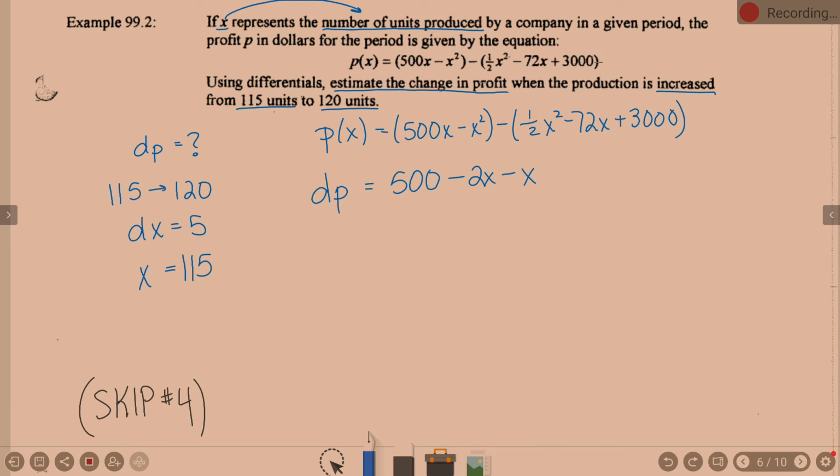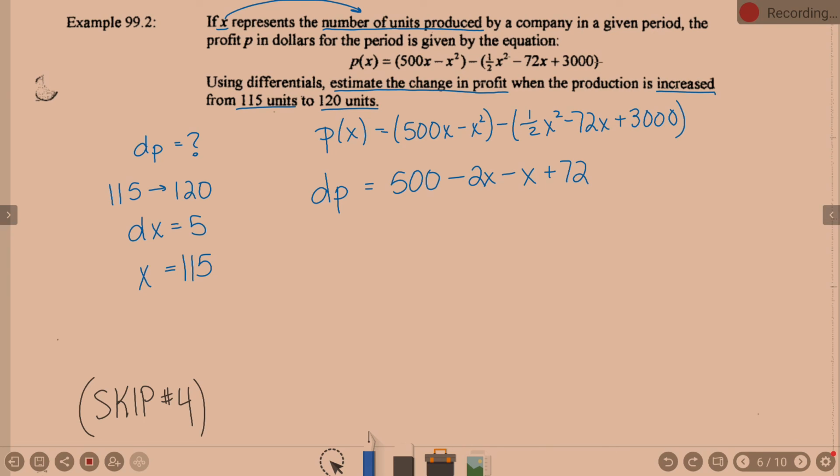Minus the derivative of negative 72x, plus 72. Minus the derivative of 3,000, 0. Clean up now, or plug your information in.